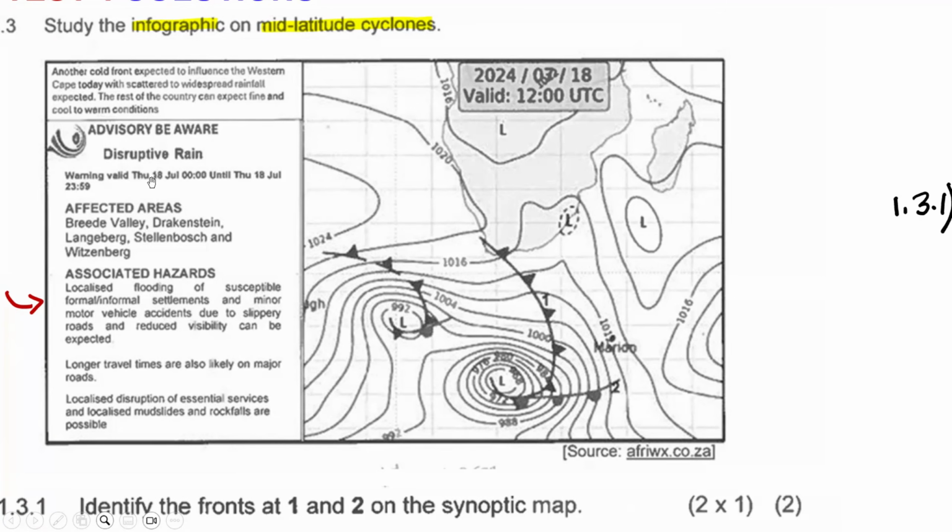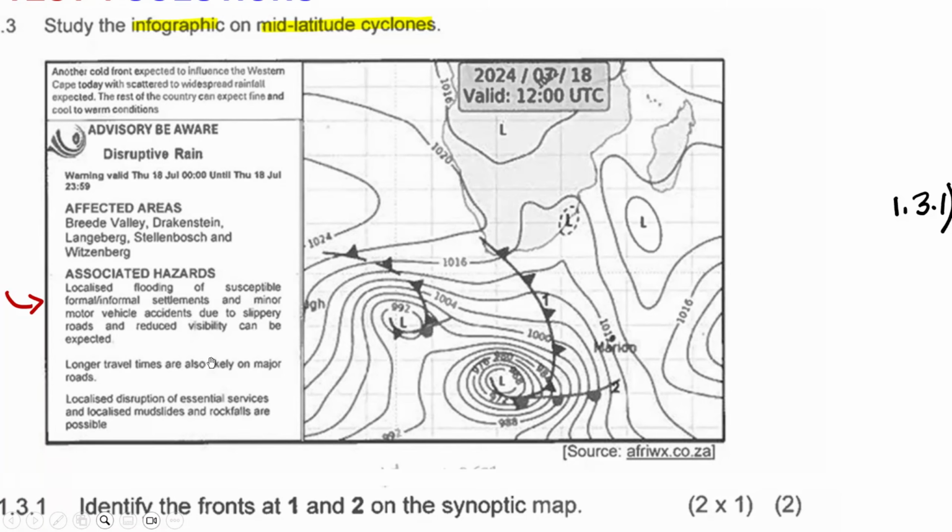Warning, valid Thursday 18 July at 12 o'clock until Thursday 18 July at 11 o'clock p.m. Affected areas are Breede Valley, Drakenstein, Langeberg, Stellenbosch, and Witzenberg. Associated hazards: localized flooding of informal or formal settlements, and minor motor vehicle accidents due to slippery roads and reduced visibility can be expected.